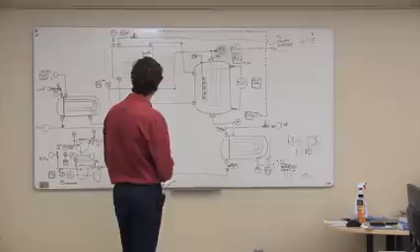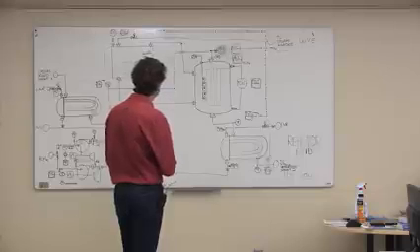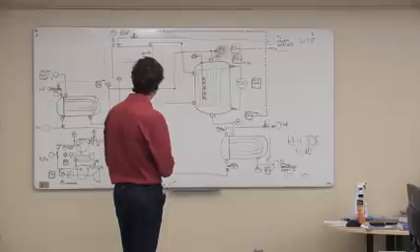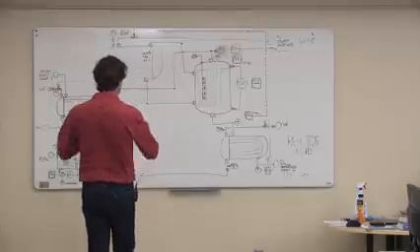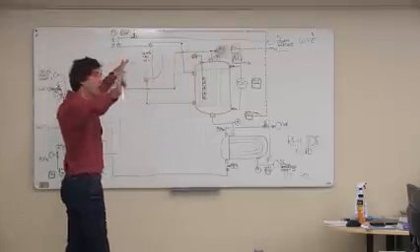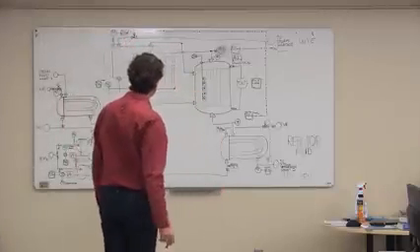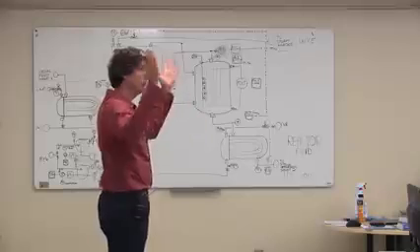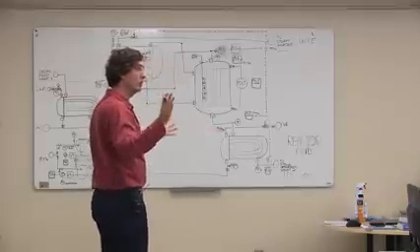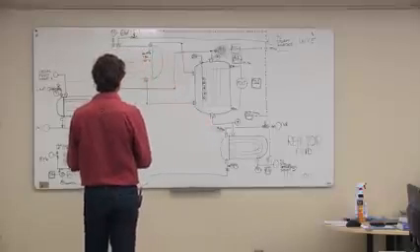Is that it for the process side? There's not much else we can really control here, is there? The flow rate control and the recirculation control is all done with the compressor. So if you want to control flow rates, you've got to go to the compressor P&ID and start to manipulate the way the compressor operates.